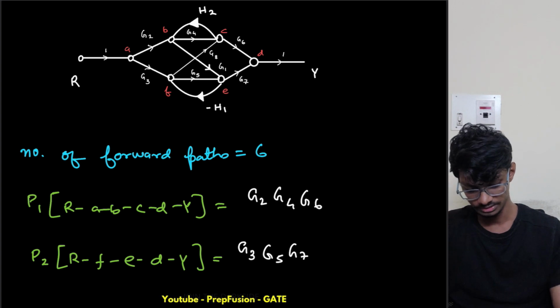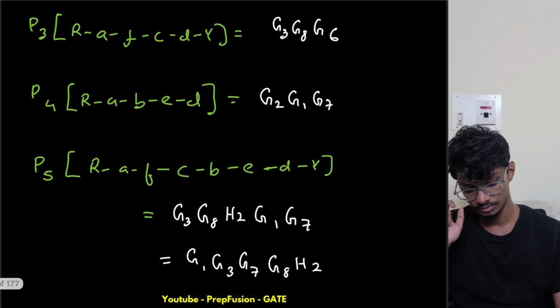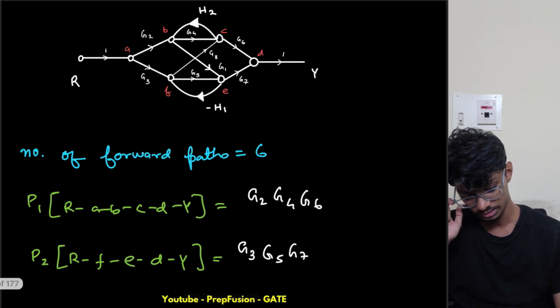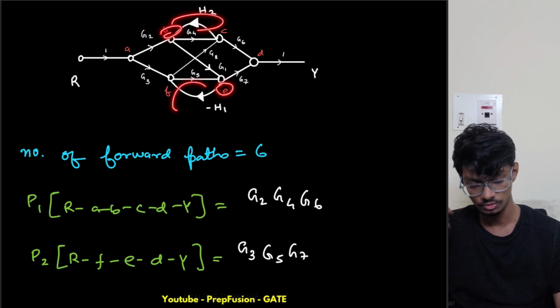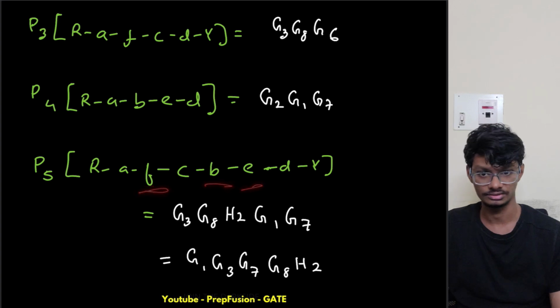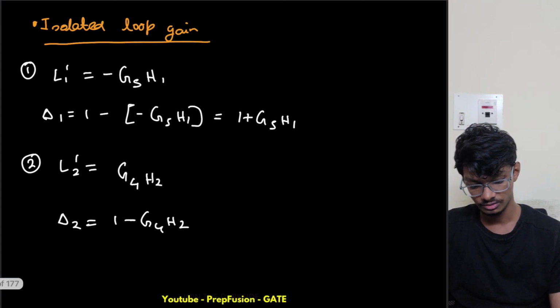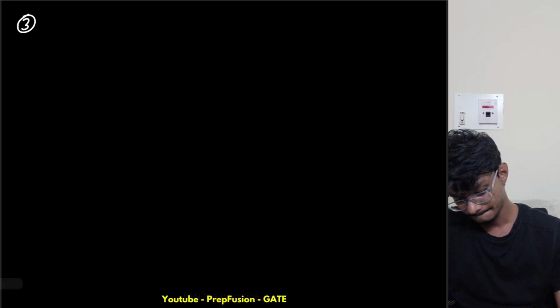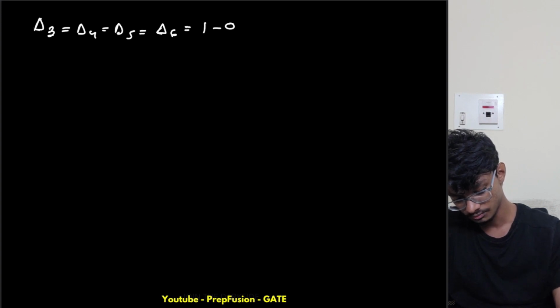And for the other paths also it will be 0, because B is there, E is also here, so both of these loops are cancelled. And for this path also, F, B, E, everything is there. For other paths, the isolated loop gains are 0. So let me write: delta 3 equals delta 4 equals delta 5 equals delta 6 equals 1 minus 0, which is 1 only.